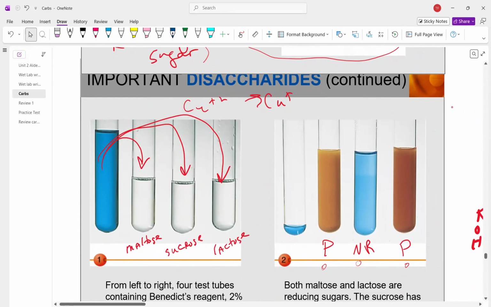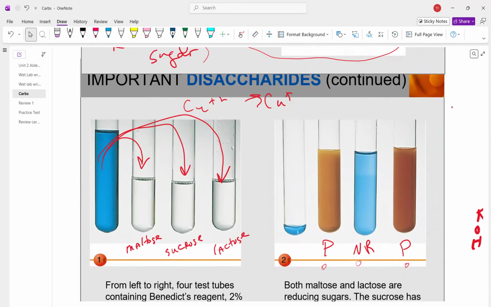Okay, so you have 3 sugars available in these test tubes: maltose, sucrose, lactose. We're going to dump in Benedict's solution to all three. And again, remember with Benedict's solution, if the color changes from blue to kind of a brickish, rusty color, it's a reducing sugar. If it stays the same, it's not a reducing sugar.